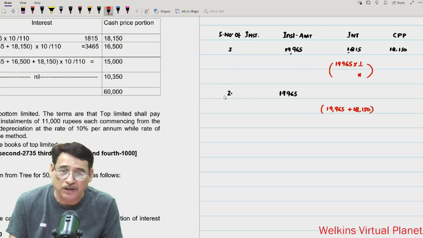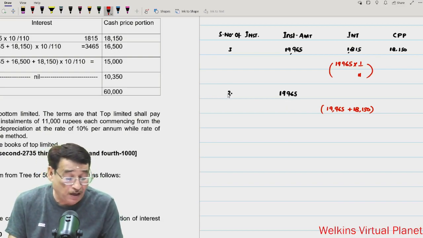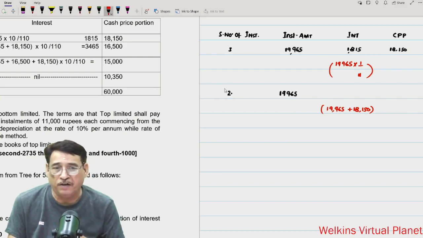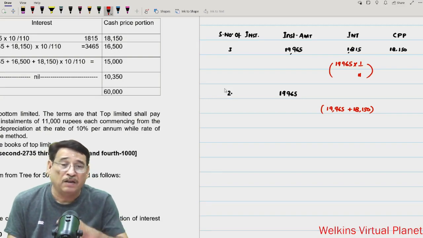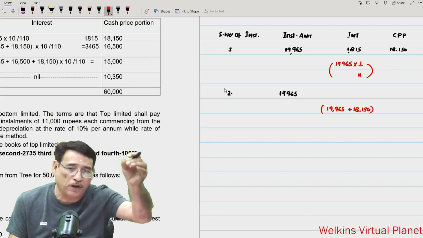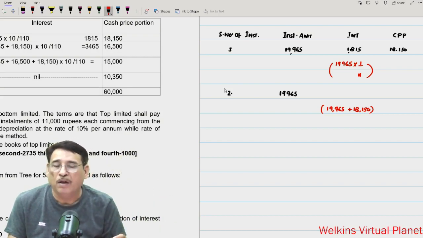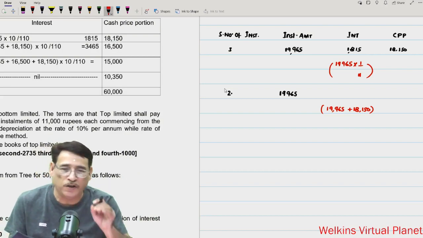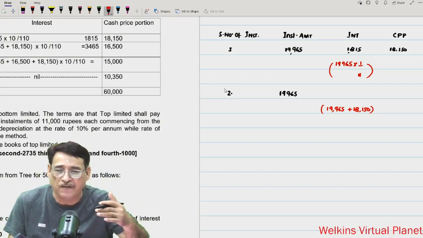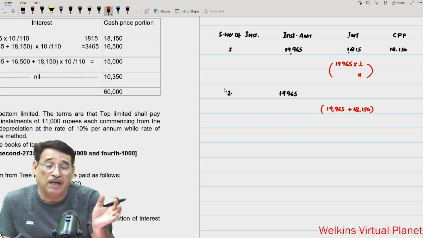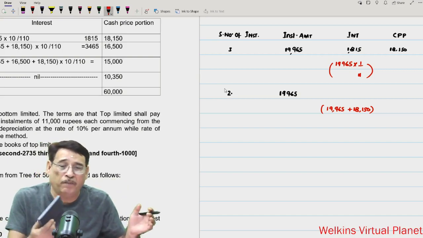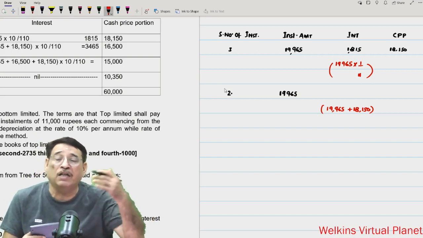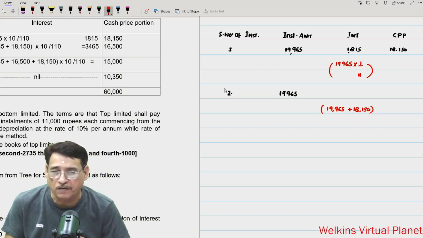Because remember one thing, when I am at the end of the second year, the interest is always computed on the balance amount. For example, in the earlier cases, from the cash price we subtract down payment and whatever balance is there, that balance reflects the total payment which we are supposed to receive in the next 3 years, 2 years, or whatever it is.